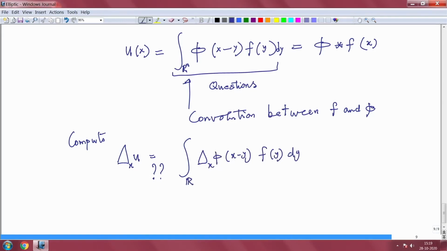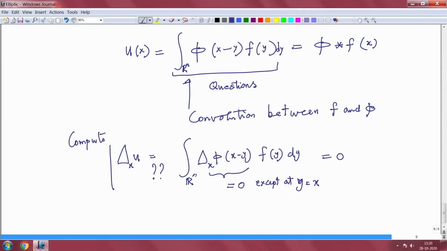Then this is 0 except at one point, y equal to x, and when you have a function which is 0 except at one point, the integral has to be 0.